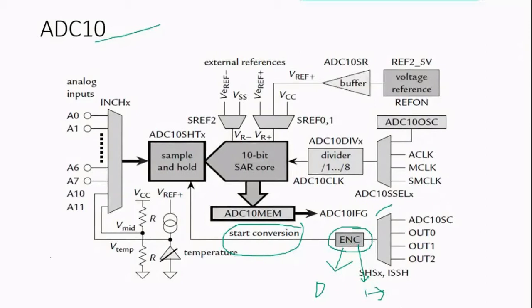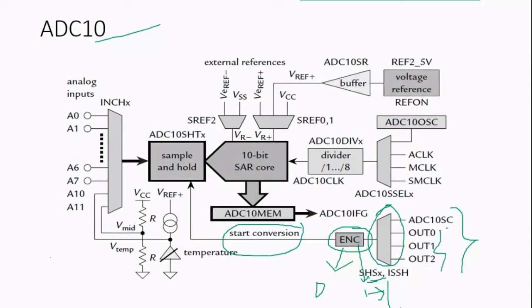This will connect to the mux, which is controlled by the SHX bit. Now there are 4 options. In these you have to choose any one and supply it so that ENC will be active. In these 4 options, 3 are similar: out 0, out 1, out 2.